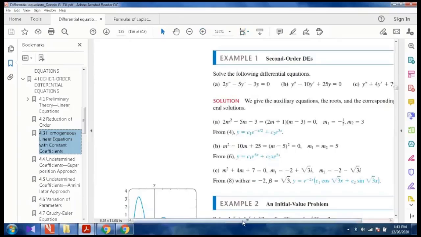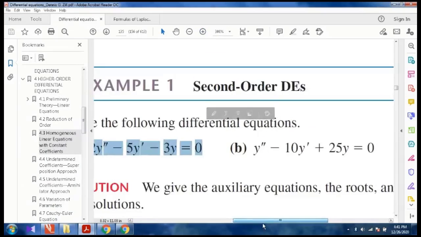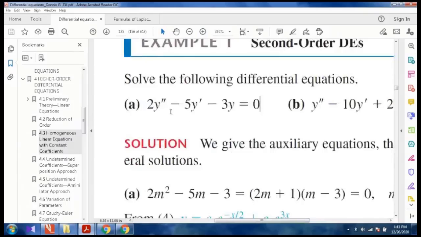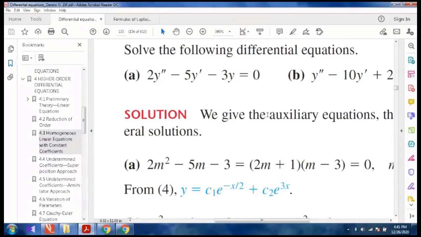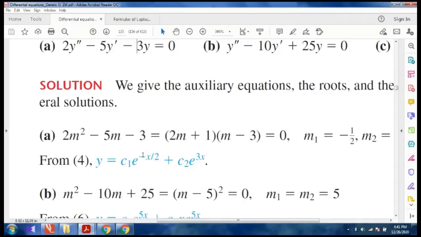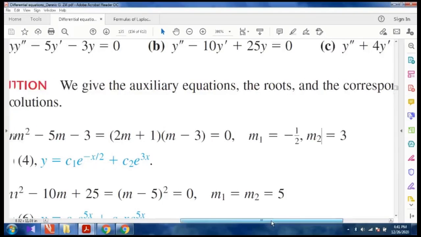Let's say we have this differential equation, and for solving this differential equation, what we need at first, we'll convert this differential equation to an auxiliary equation. Just try to recall that from this equation we have total two solutions.